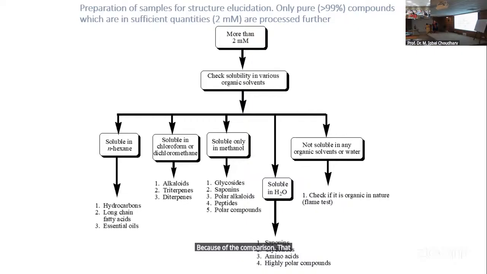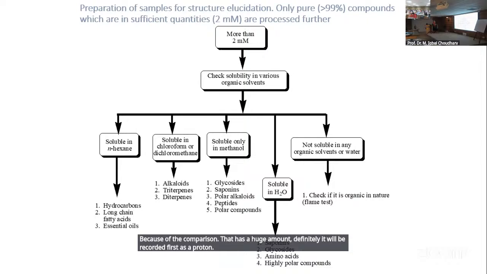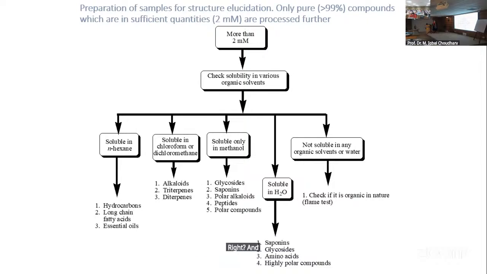That has a huge amount, so definitely it will be recorded first as a proton, right? And your sample, which is 1, 2, 3 or 5 milligrams, has no comparison with the solvent. Your solvent is much more than your sample.